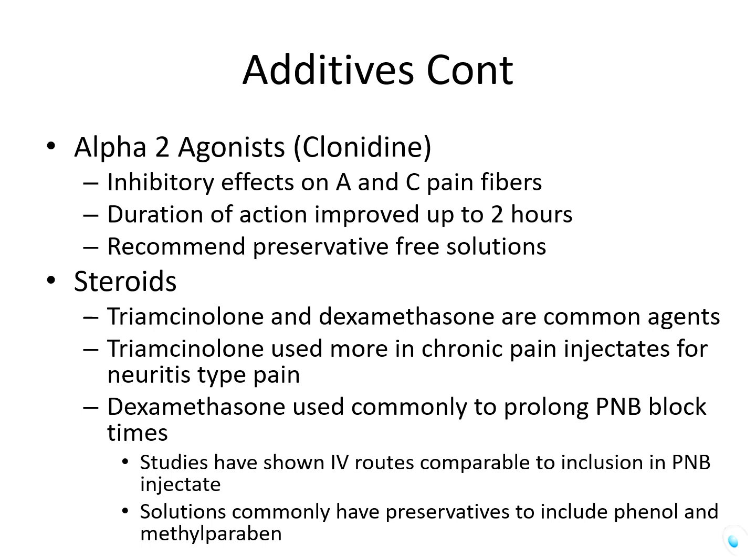As far as dexamethasone goes, studies have shown that IV routes are comparable to including dexamethasone in your peripheral nerve block injectate. And lastly, solutions commonly have preservatives, so if you're going to use a steroid, make sure it's preservative free as well. The common preservatives include phenol and methylparaben, which can be neurotoxic.